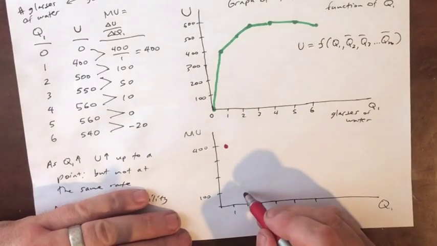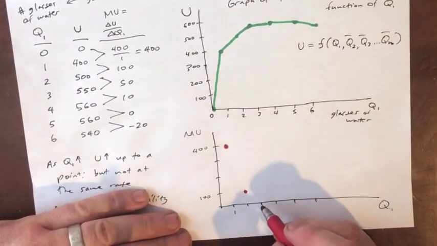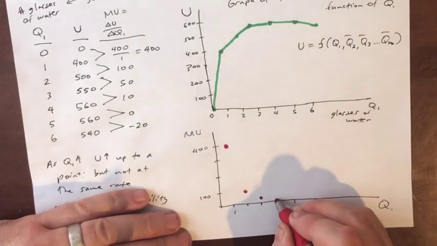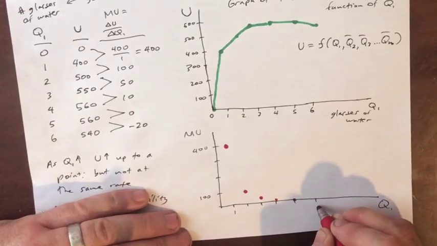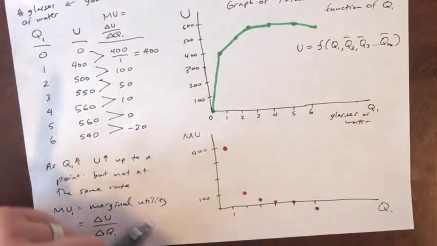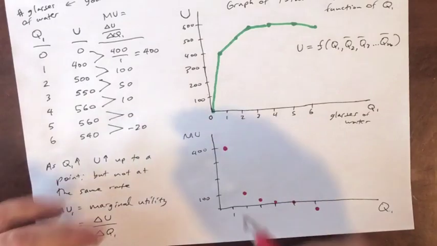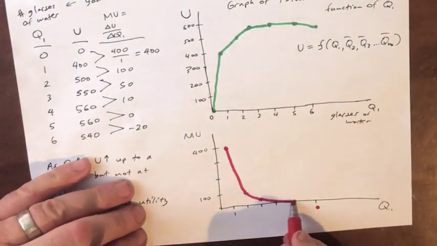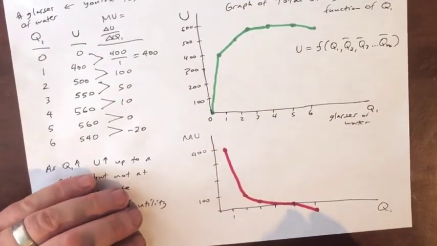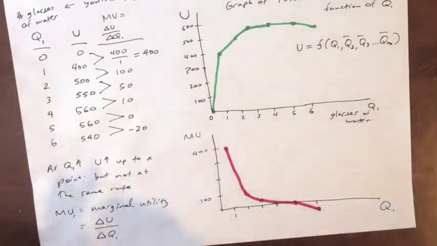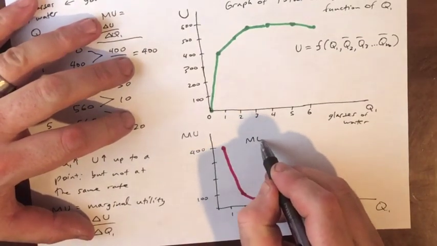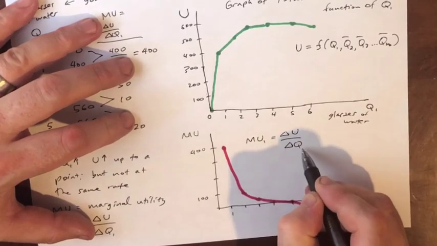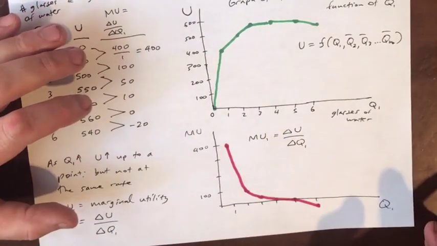The second one, 100. The third one, 50. Then 10. Then 0. Then negative 20. We connect these and we've got this downward sloping curve. So this is a graph of the marginal utility of good 1, that is, the change in utility relative to the change in quantity of good 1.